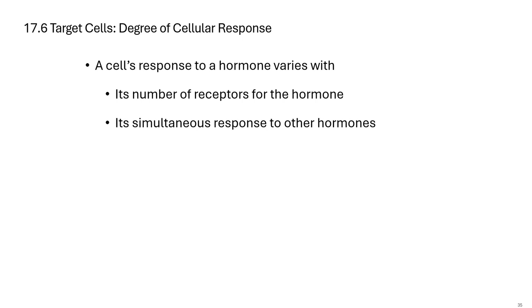So that cell's response to a given hormone is going to vary based on a couple of things. One is the number of receptors of the hormone, and then two, its simultaneous response to other hormones. And we'll talk about different types of effects whenever you have multiple hormones acting on a cell. They may be acting together, they may be acting against each other, they may be assisting each other, but we'll talk about some of those different things.